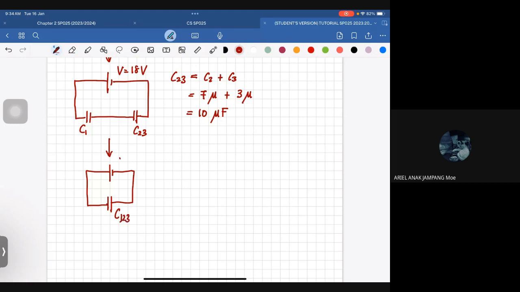So yang ini V 18 volt. So untuk cari effective capacitance, this is connected in series. Ini series lah. So dari sini kita akan buat 1 over C1 plus 1 over C23 to the power of negative 1. Okay, so yang ini di effective capacitance dia lah.